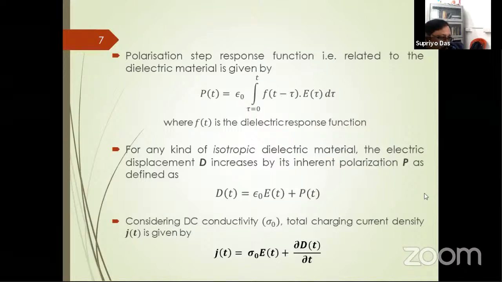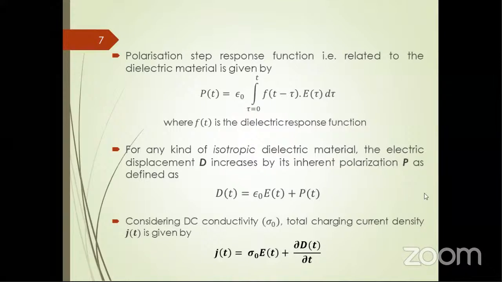Now, another thing is the displacement vector, D. In any isotropic dielectric material, the electric displacement increases by its inherent polarization P. So D is epsilon naught E plus P. Why am I showing this?